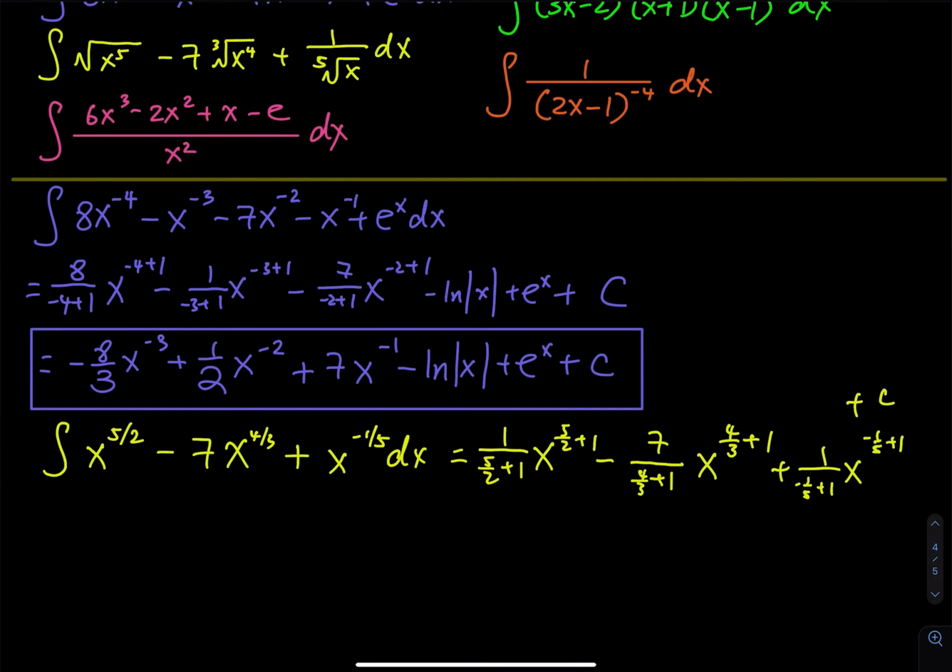And then let's clean this up. So the next step, we have x to the, so that is a 5 plus 2 equals 7, so that is a 7/2. And then the reciprocal of that is 2/7. So take the derivative of this, and then you will get this back, right? The fractions got cancelled. 7 minus 2 is equal to 5.